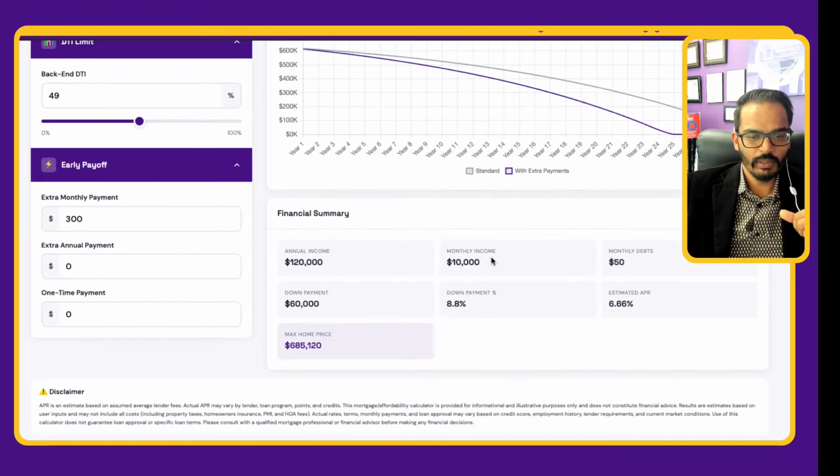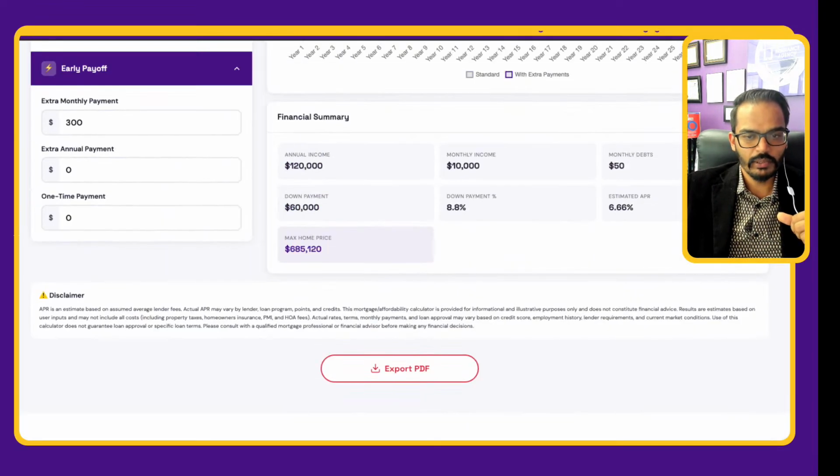And the best thing about this calculator is that on the bottom here, it gives you a summary. It tells you this scenario we're seeing that this family is making $120,000 annual income, which is $10,000 monthly income. Again, this could be one person, two people, three people.